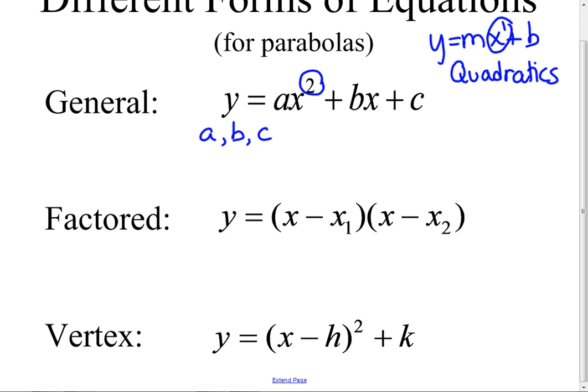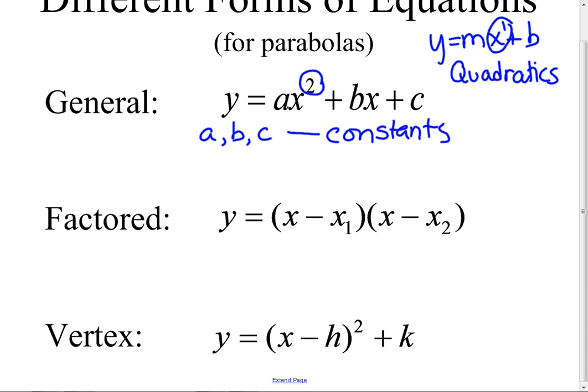They're called constants. They are just plain old numbers, like 1, 2, 3. They could be negative too, by the way. And we had a little practice graphing some of these yesterday. So that's just general form. Generally speaking, that's what I look at when I look at quadratics.